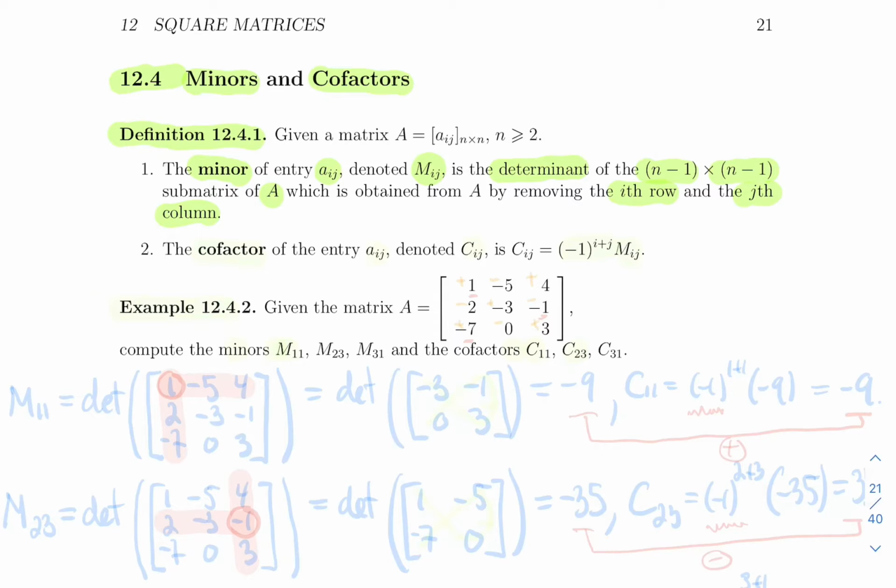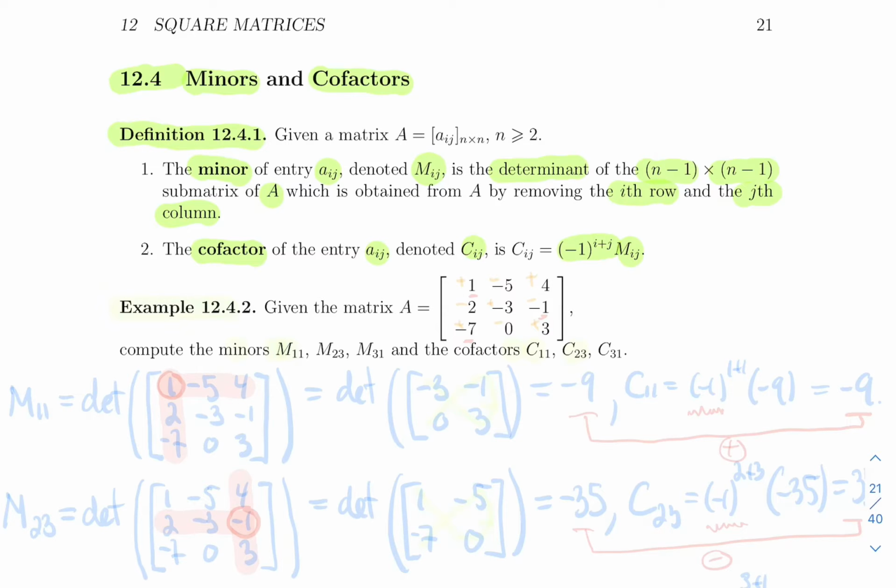So you create the submatrix and then you compute the determinant, and that's the minor. And then the cofactor at the entry Aij, which we denote by big Cij, is simply the minor but multiplied by plus or minus 1, depending on whether minus 1 to the power i plus j is 1 or minus 1.